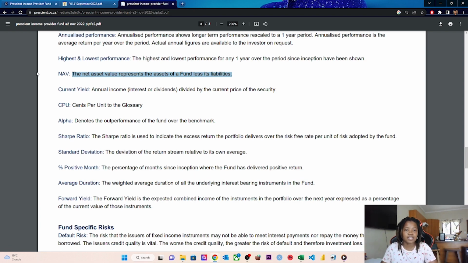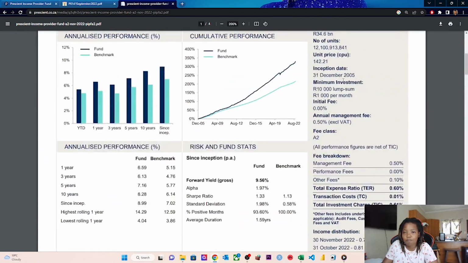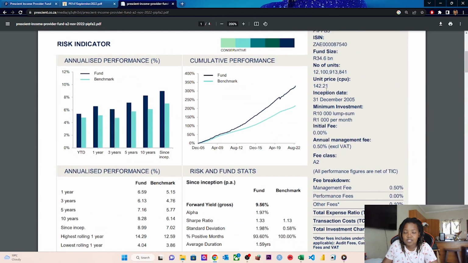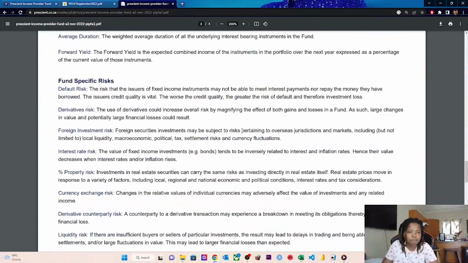So that's basically the net asset value. The NAV is also what you saw here as the 34 billion, right? That's the fund size. That's a net asset value, right?